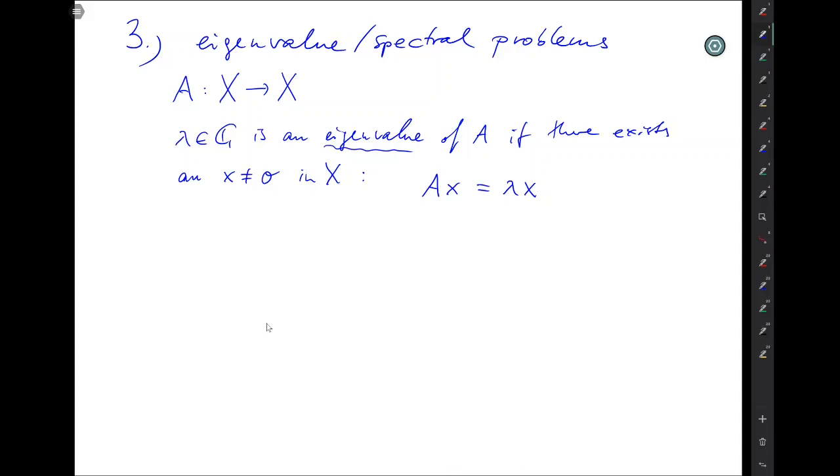Okay, and then x would be called an eigenvector.